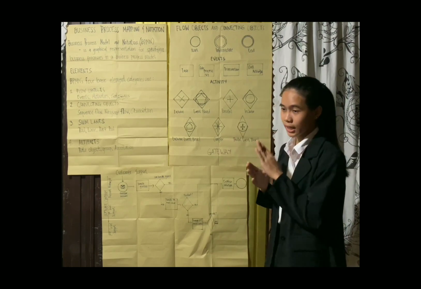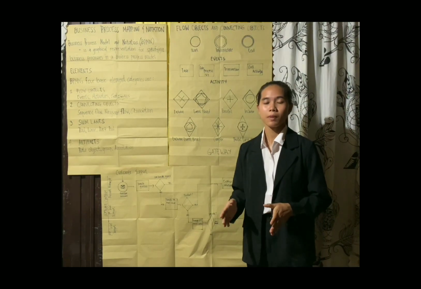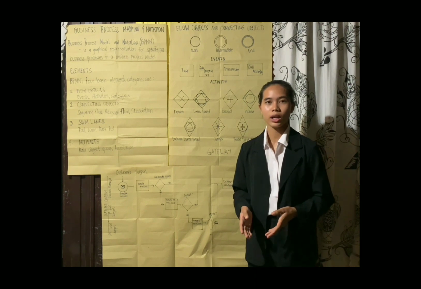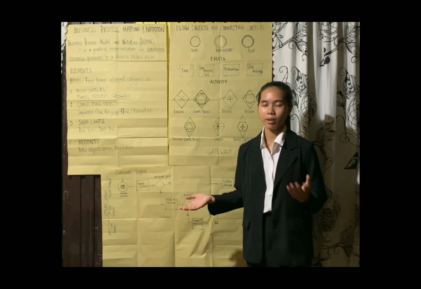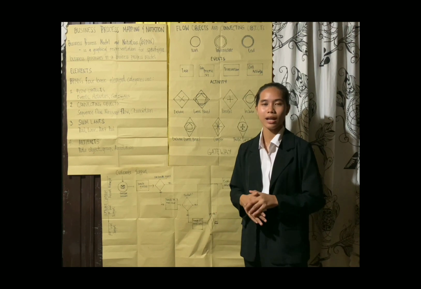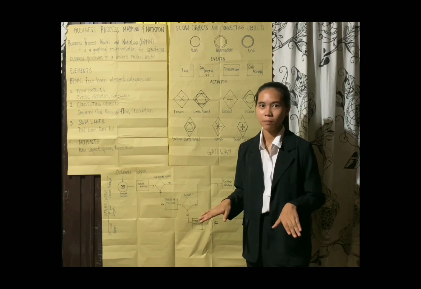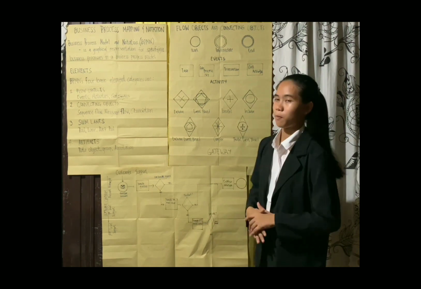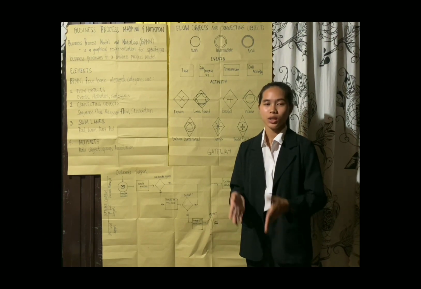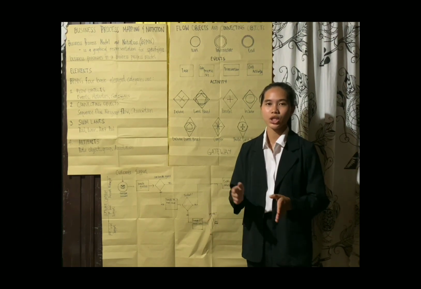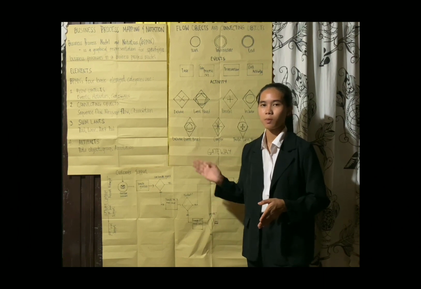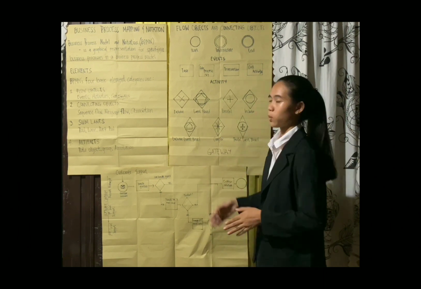First is the task. A task represents a single unit of work that is not or cannot be broken down to a further level of business process detail. Then the next is the sub-process. A sub-process is used to hide or reveal additional levels of business process detail. And the third one is the transaction.